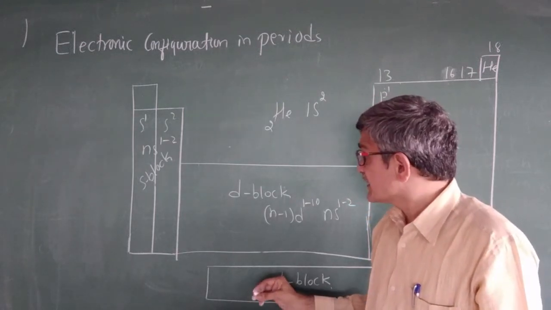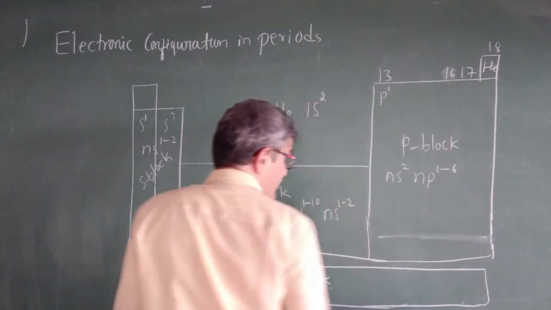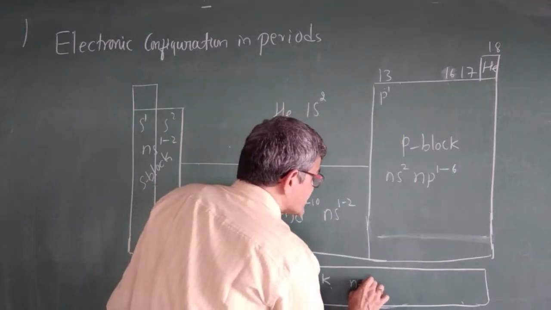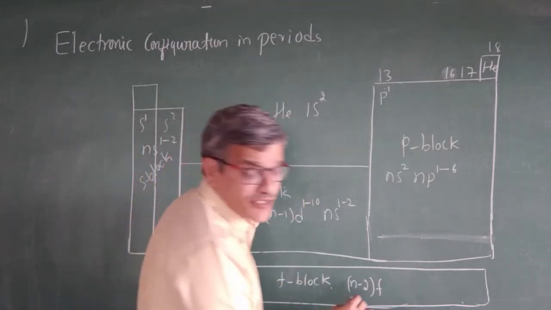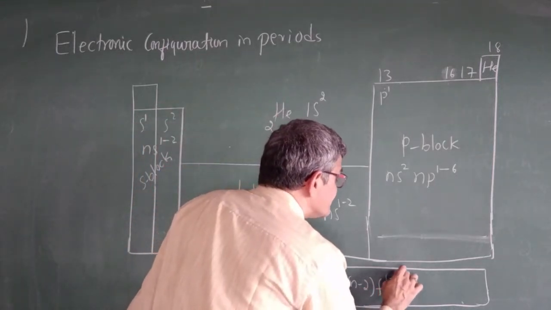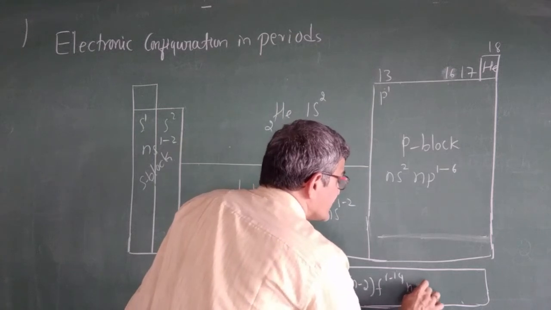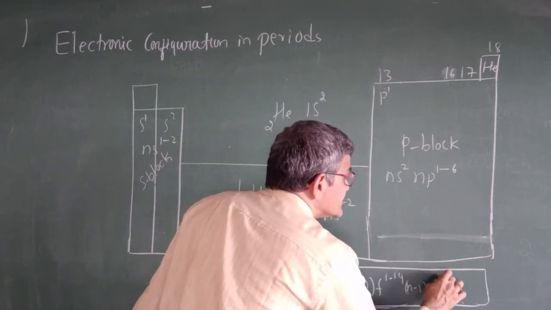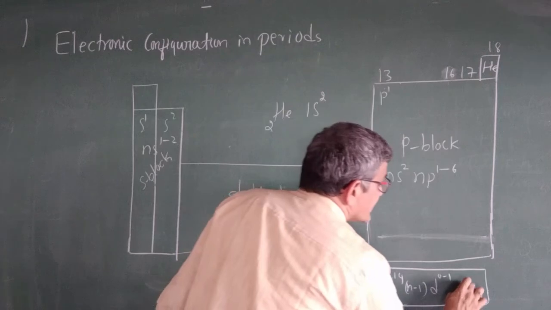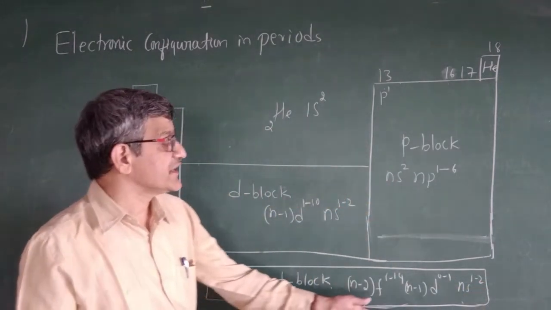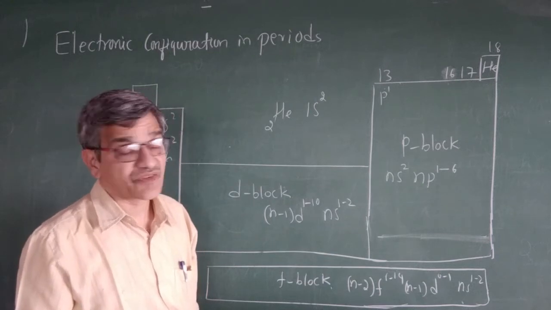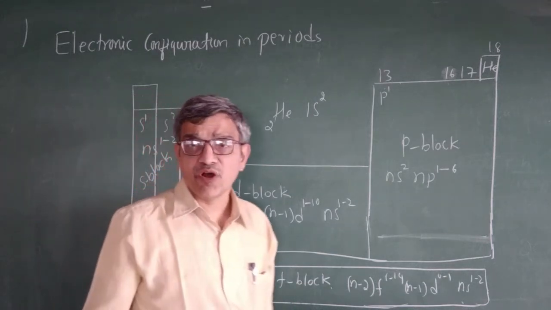Its electronic configuration is (n-2)f 1 to 14, (n-1)d 0 to 1, ns 1 to 2. That is the general electronic configuration.